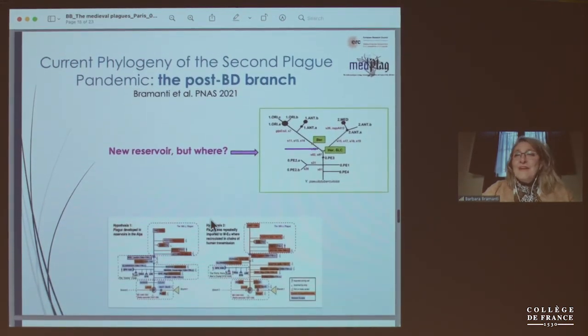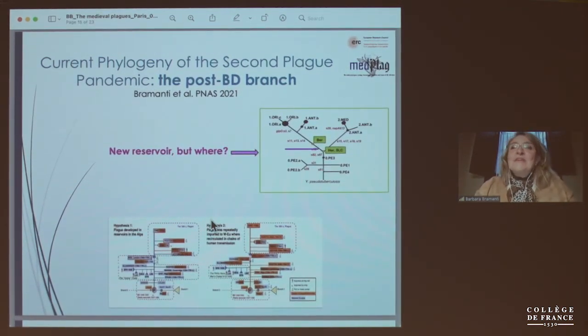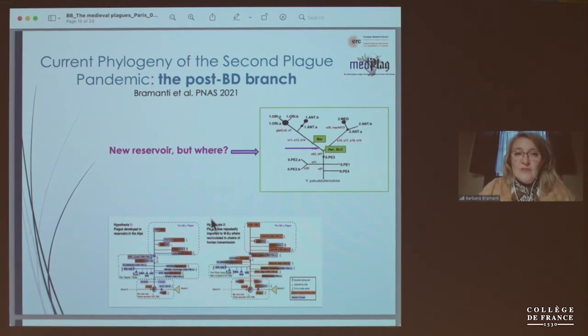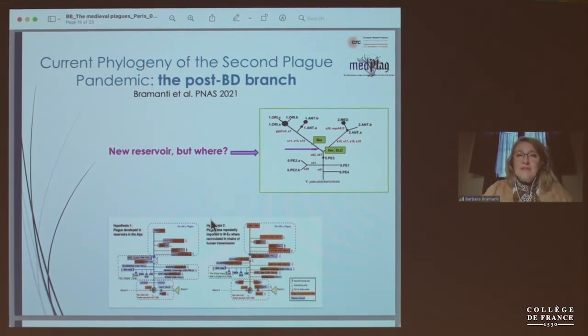Okay, from 2010 until now, there have been many papers published, not only from our groups, but from the group of Krause and from other groups. And we have made a summary, and so I can propose to you this, which is the most updated phylogeny of the second plague pandemic.